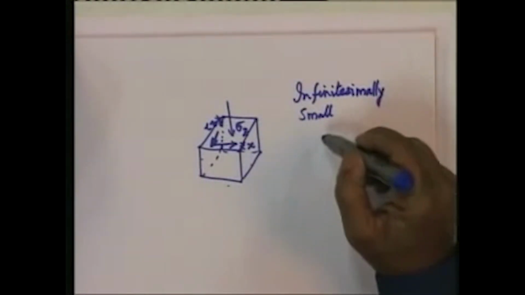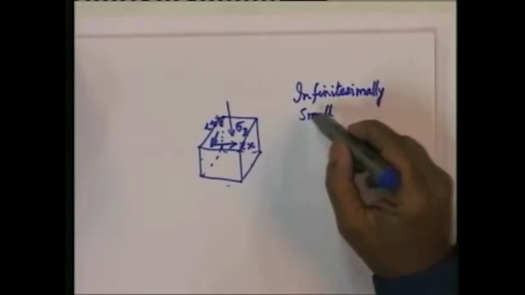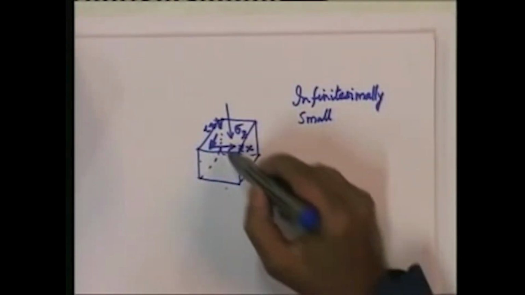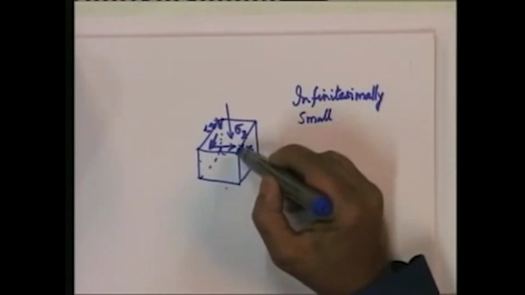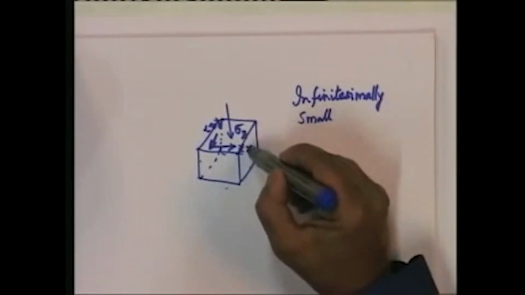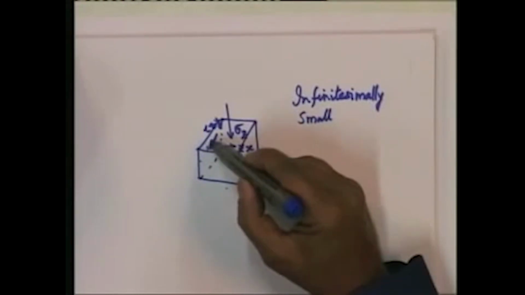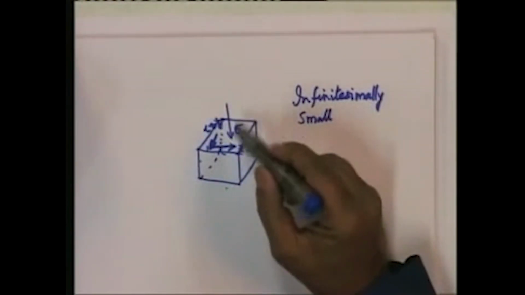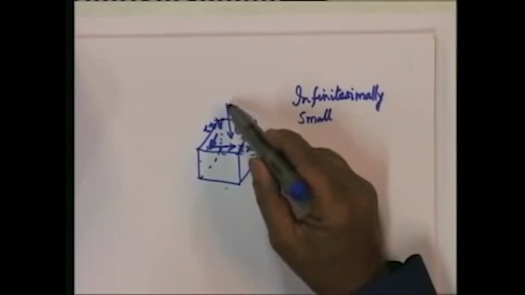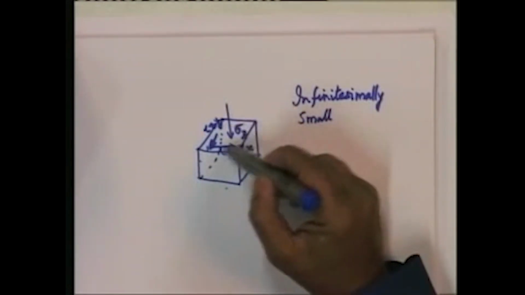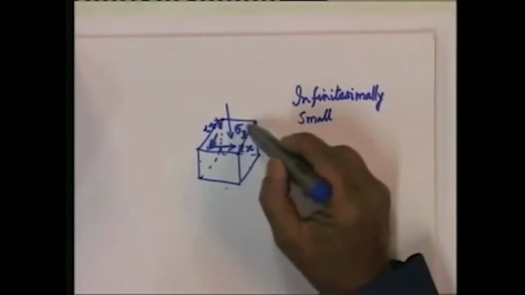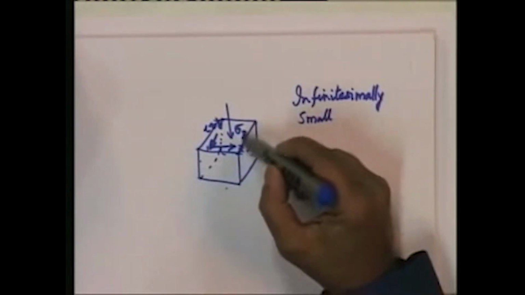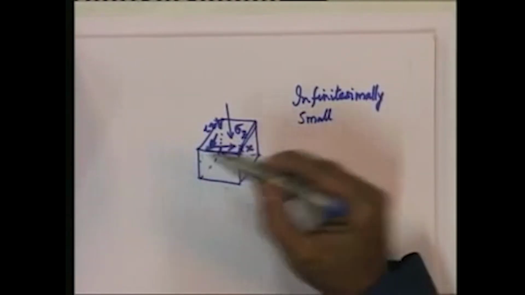Infinitesimally small element implies that its dimensions are so small that the stresses acting on this, that is sigma z, tau zx, tau zy, are all uniformly distributed over this, which means that if you want to get the three forces, one vertical and two horizontal on this surface, you just need to multiply this stress by the area of this surface.